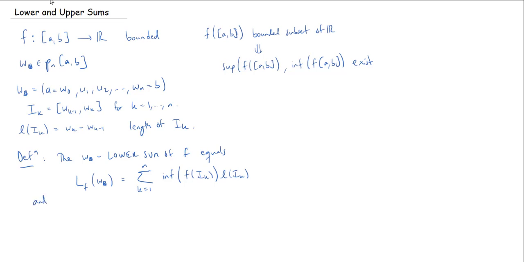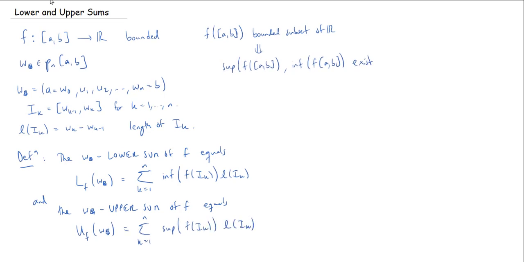Of course, if I have a lower sum, I can also do an upper sum, and it's going to be defined almost exactly the same way. So the w upper sum of f equals, so now I'll use a U for upper, and so the w upper sum of f will again be this sum. k goes from 1 to n, but now I'm going to be taking the supremum of the f image of I_k and multiplying it by the length of I_k.